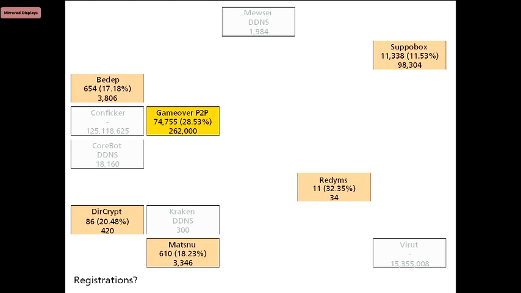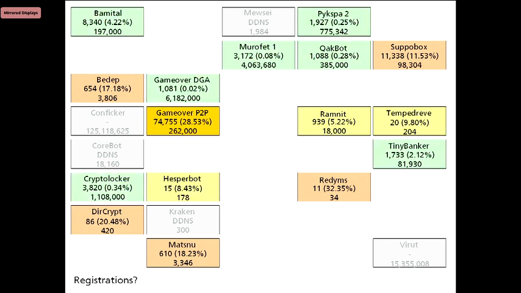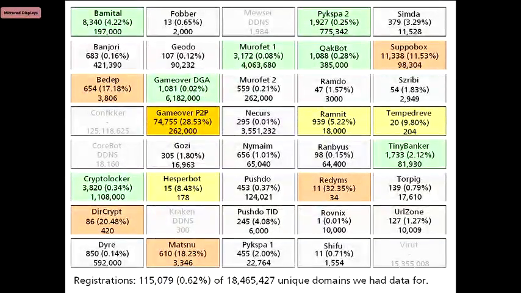The most interesting case of those is probably Suppobox, which I'll be addressing shortly. And from there on, you can see it's basically more and more going down. So altogether, we found only 115,000 out of those 80 million domains being registered, or in total 0.6%.